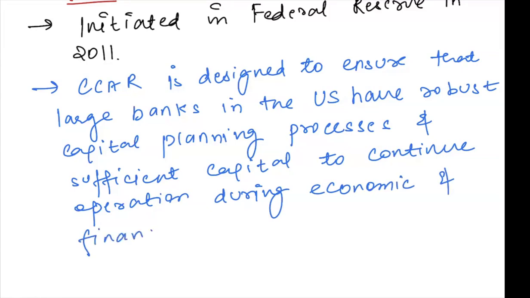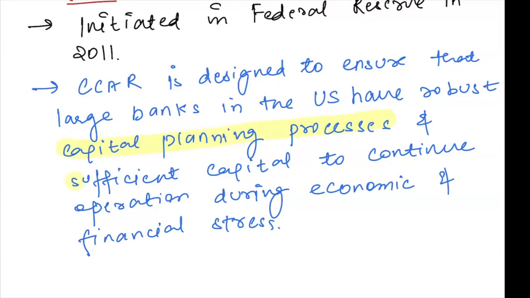We all know that back in 2008, many big banks like Lehman Brothers failed. People had so much trust in Lehman Brothers, and it was such a huge bank. That's why it's very important to have these capital planning processes, so that you understand how to plan your capital in the future.